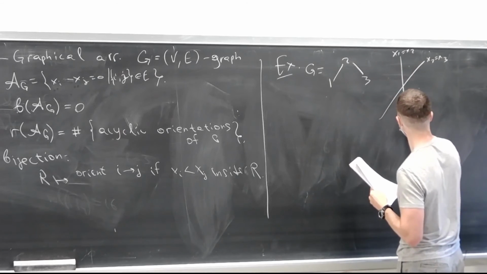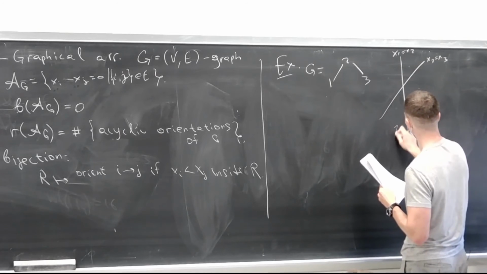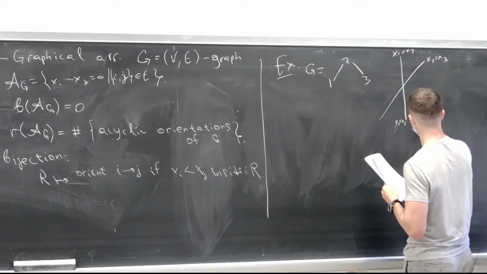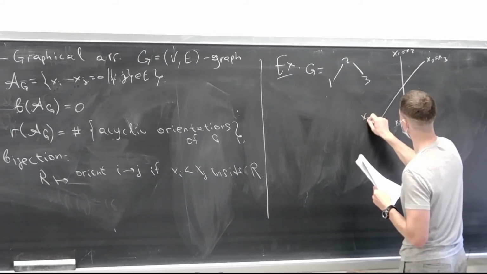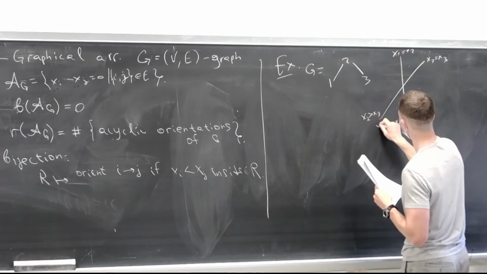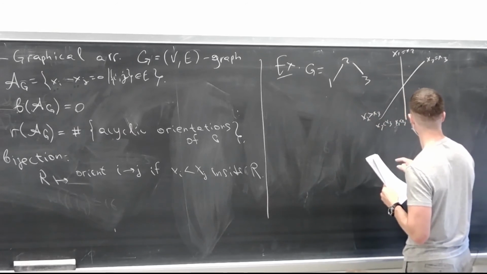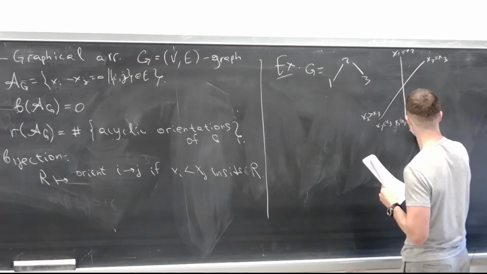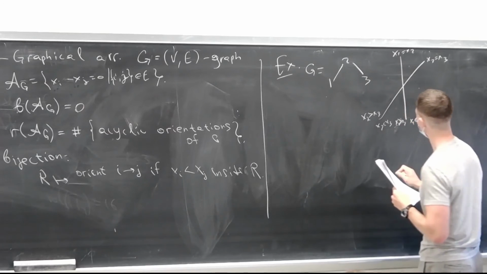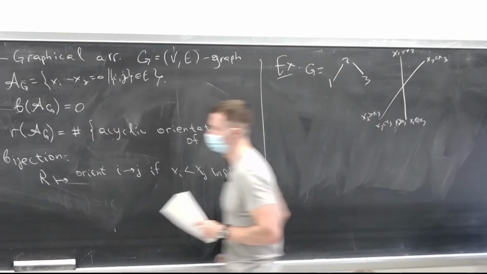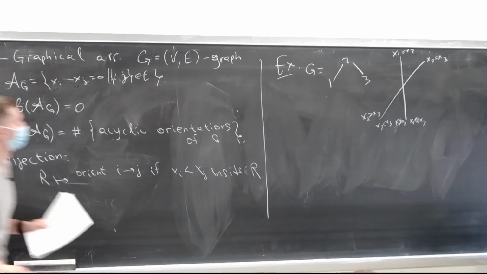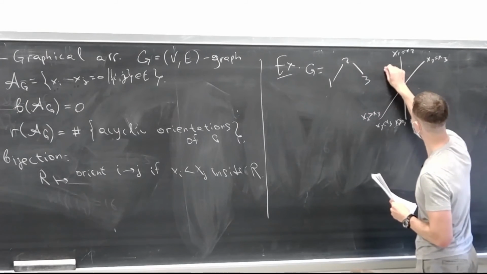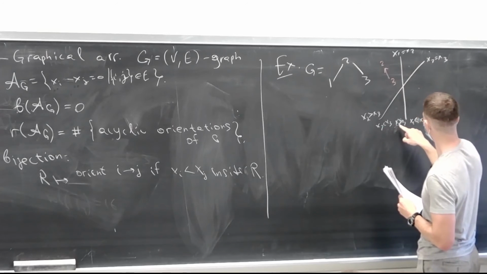Maybe here, I should choose a side of each hyperplane. So maybe here, x1 is less than x2. Here, x1 is bigger than x2. And then for this hyperplane, maybe x2 is bigger than x3. x2 is smaller than x3. Yeah, actually, these are inconsistent. Basically for each side of each region, I can draw: if I look at this region here, I know that x3 is less than x2, 3 less than 2, and then I know that 1 is bigger than 2.